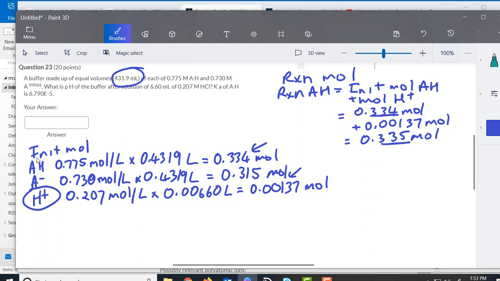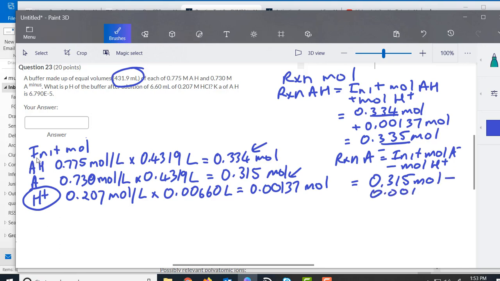Then we look at the reaction of A minus, and that's going to equal the initial moles of A minus minus now the moles of H plus added, and that's going to be 0.315 minus the 0.00137, which comes out to be 0.314 moles.